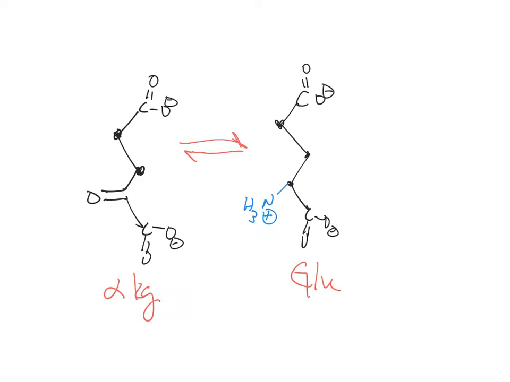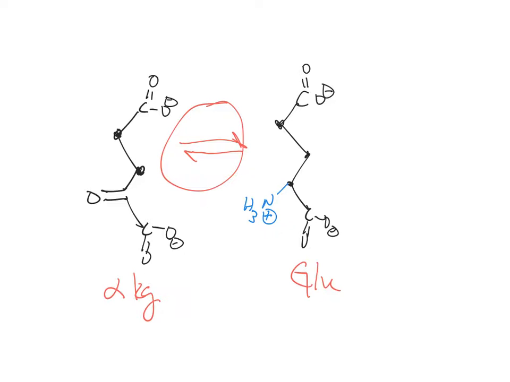Does anyone remember the enzyme that converted alanine into pyruvate and vice versa? What are we adding to the alpha ketoglutarate? Amine. So what kind of enzymes can add that? Aminotransferases. We're going to see that this enzyme is called an aminotransferase, and it's reversible.